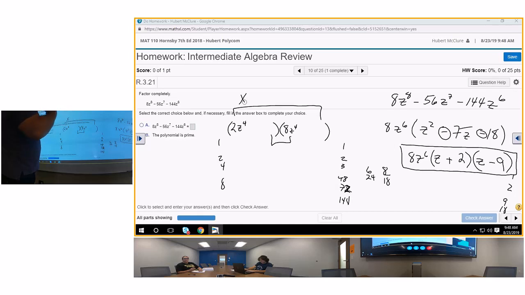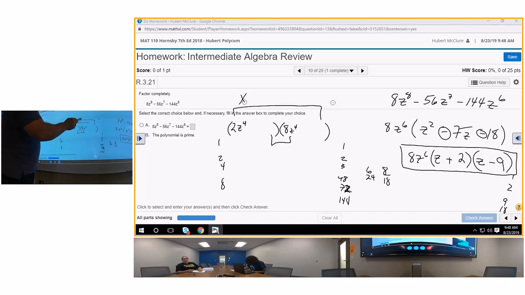The best shot would have been the 48 and the 3, or the 6 and the 24, but I don't think the 6 would work either. 6 times 8 is what? 48, and 24 times 2 is 48. That would zero out.